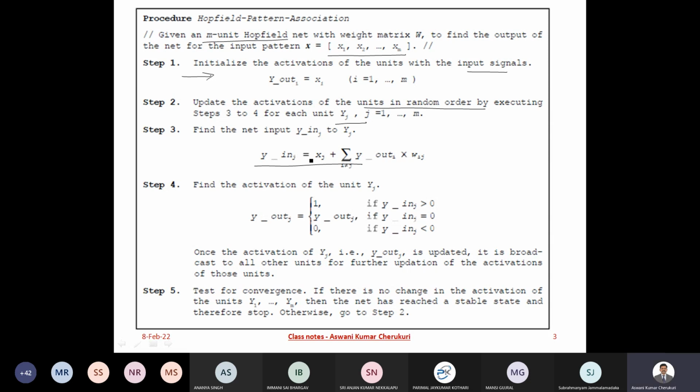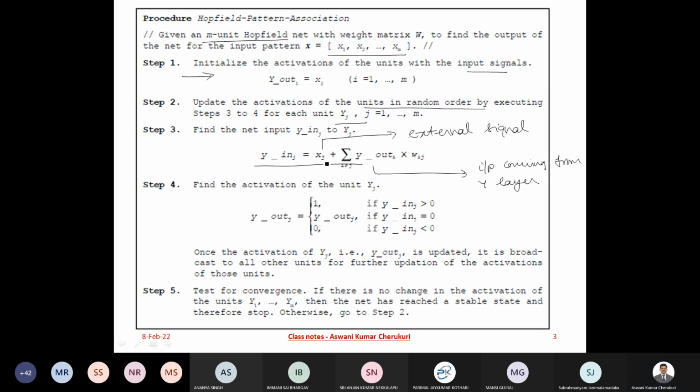And obviously, when you look at the net input, this is the external signal. And what is this? This is the input coming from the Y layer. That's what we discussed in the previous slide.